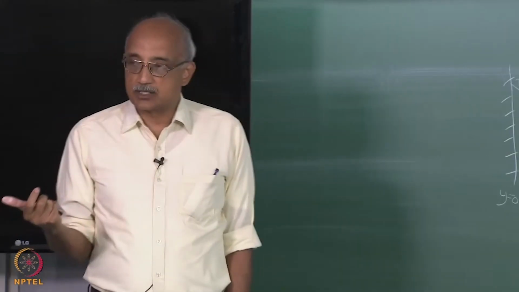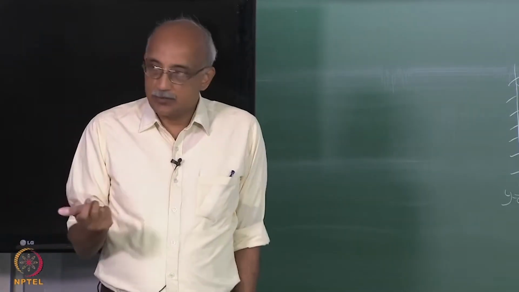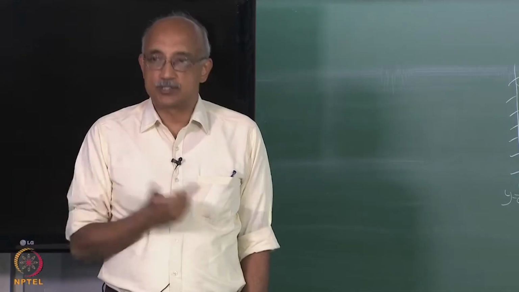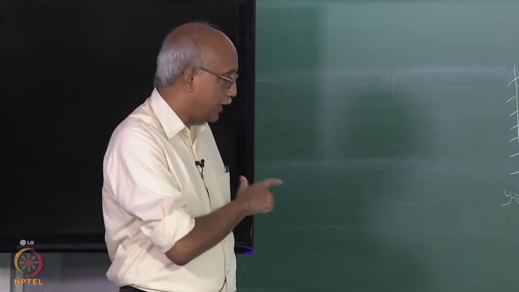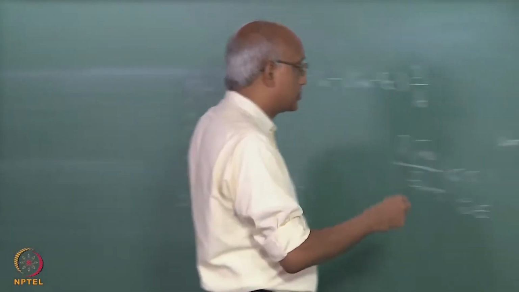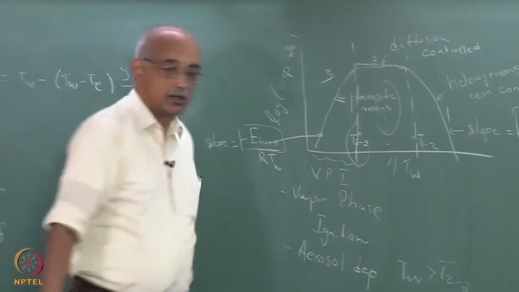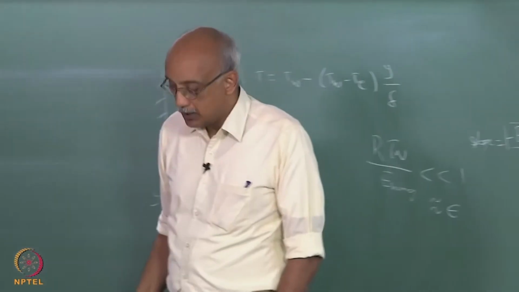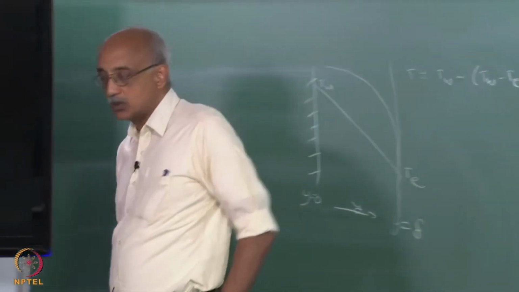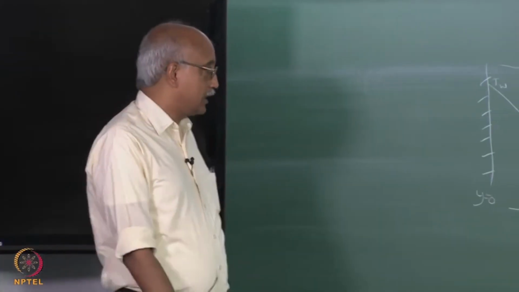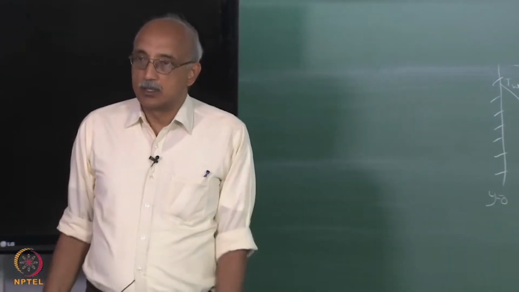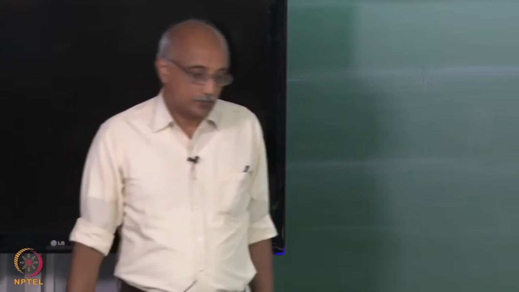Now, normally what we have been assuming in all of our analysis is that within this sublayer there are no chemical reactions happening, everything is chemically frozen and only diffusional transport is taking place, and that is okay in regions 1 and 2. But in region 3, because the temperature of the substrate is so high, that assumption breaks down. You cannot assume that the entire sublayer has 0 chemical reactions.